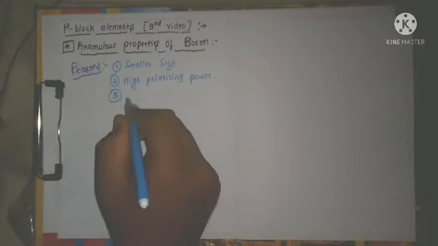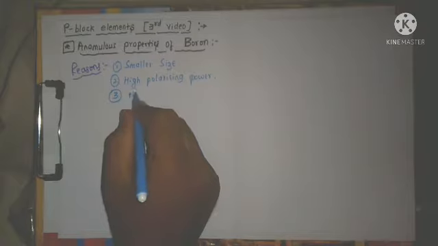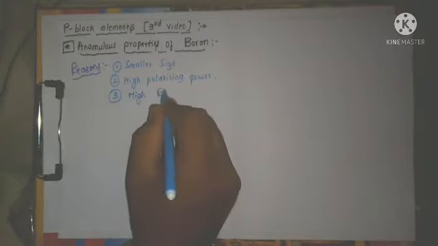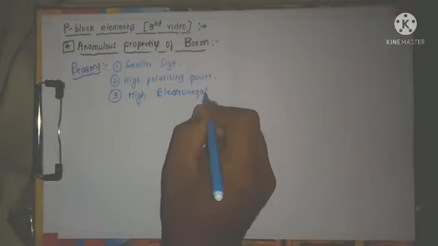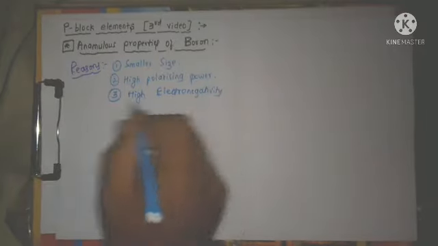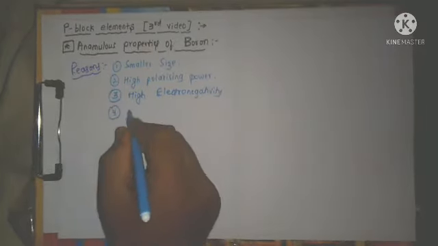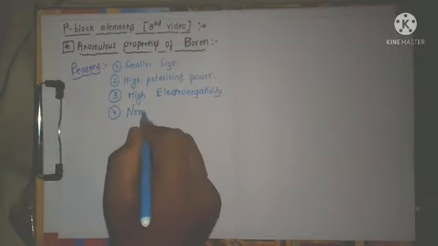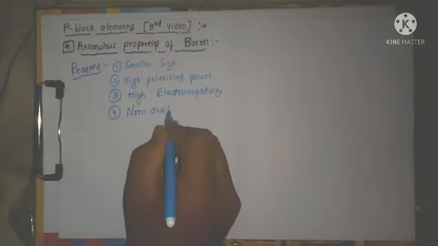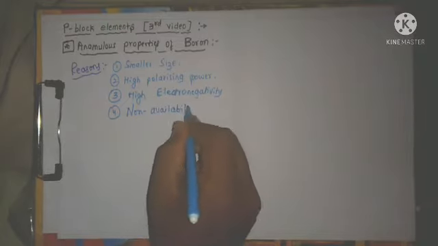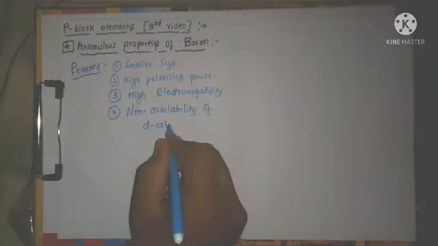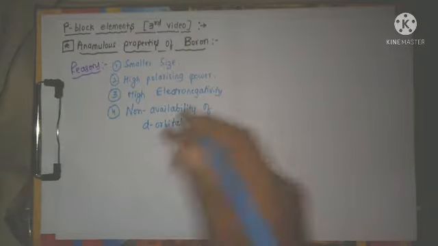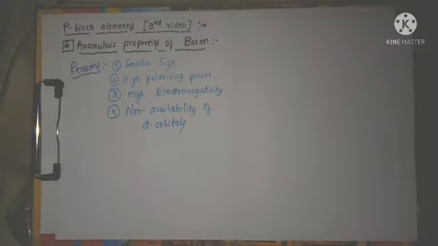The third one is high electronegativity. And the fourth one is non-availability of d orbitals. These are the main reasons for the anomalous properties of boron.